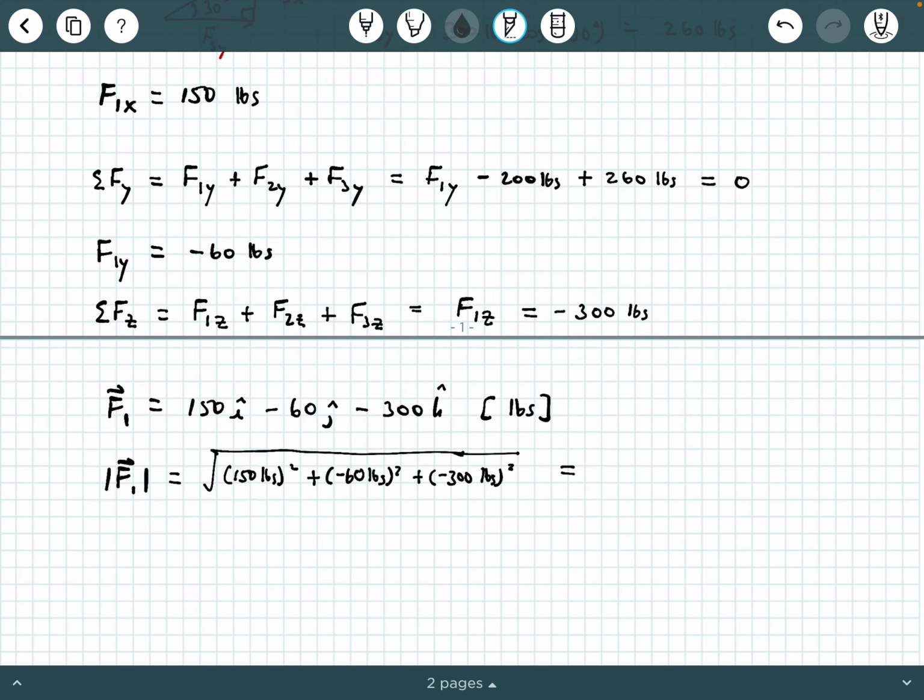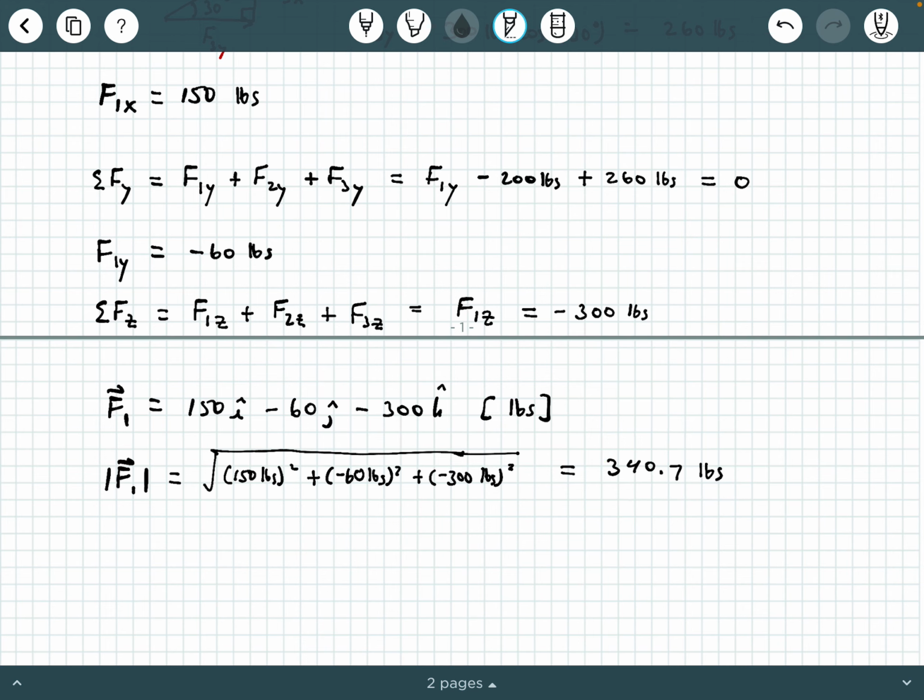For calculator purposes it doesn't really matter if you put the negatives inside here because you're squaring them and it's going to become positive anyway, but I write the negatives on my handwritten work to show complete correctness, okay? So I calculate this magnitude and I get about 340.7 pounds as my magnitude. And that's part of my answer.